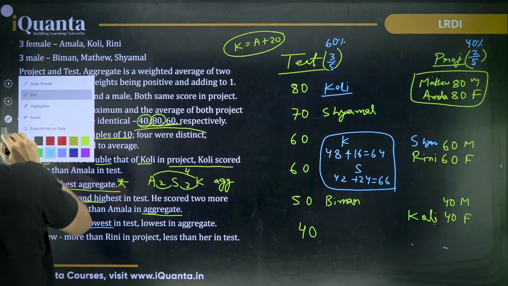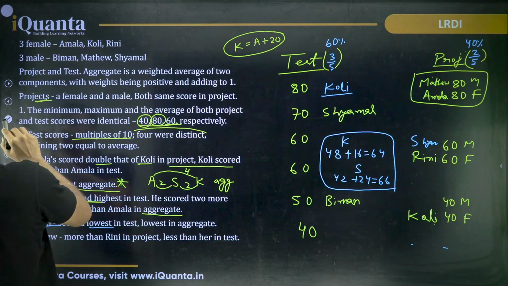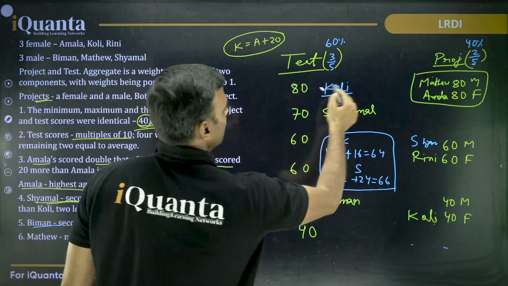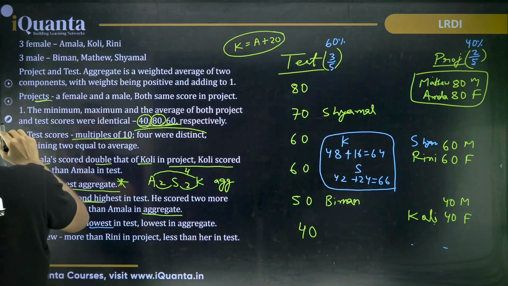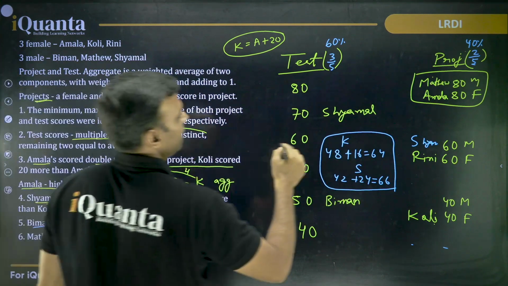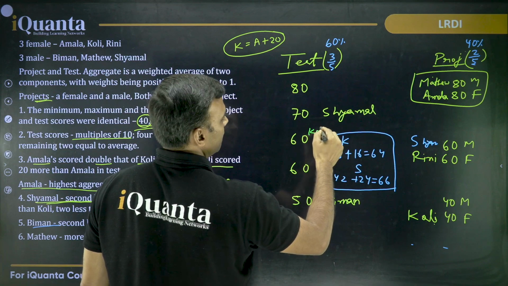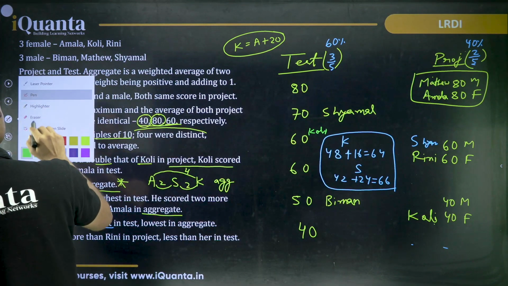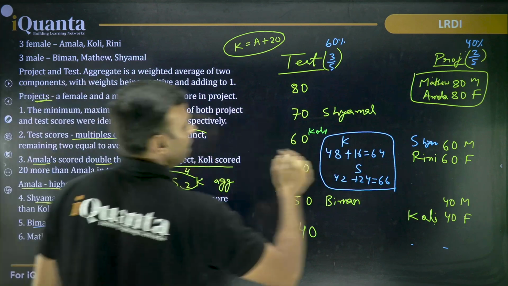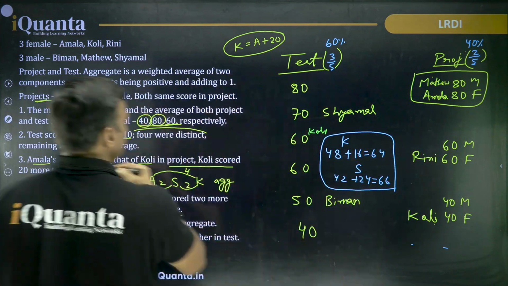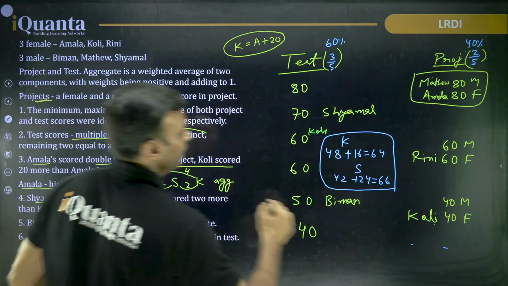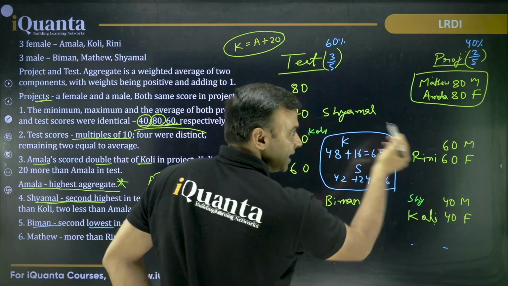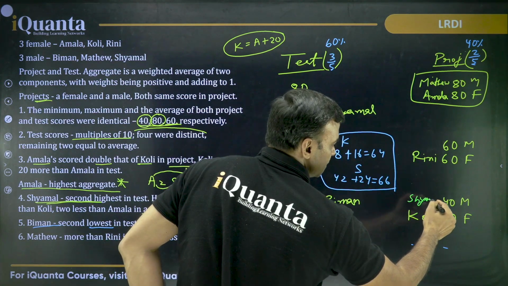I'll take one more color and remove Kohli from here and take Kohli at some other place. See, if I put Kohli here at 60, then clearly it goes without saying that Shamal will not remain at this place. Otherwise, the difference will not be 2. That is not going to be possible, so we are not even going to check that.